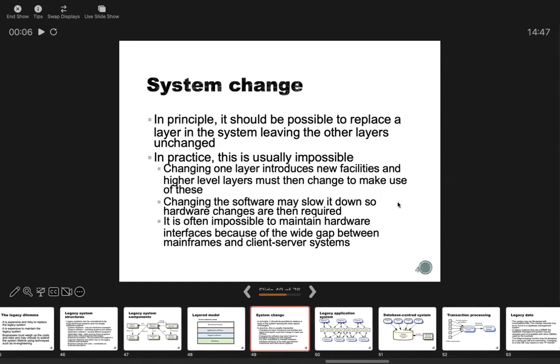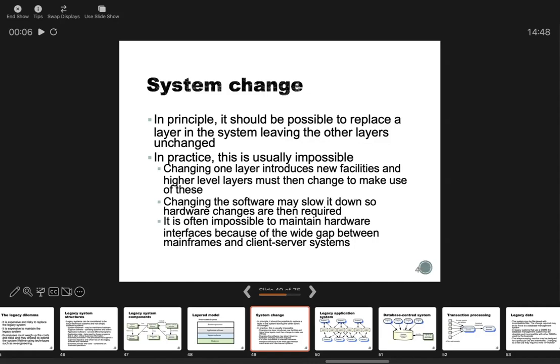System change, in principle, it should be possible to replace. In ideal cases, we think that it is possible because the system modules have a layered approach. But not in actual practical situations, because if one layer has some specific output or compatibility, if we change that layer, it may not be suitable for the immediate layer above.